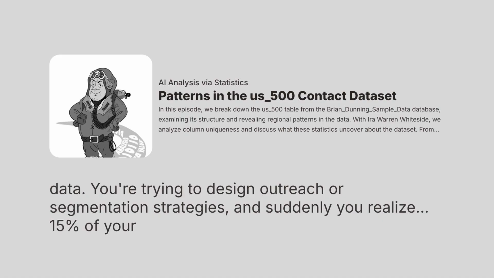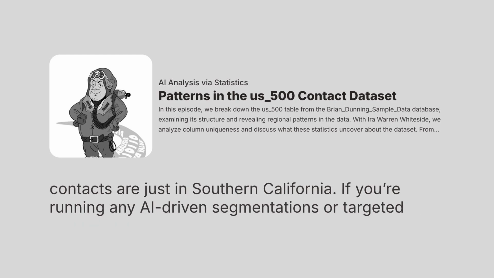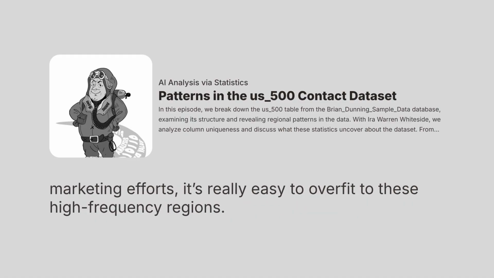You're trying to design outreach or segmentation strategies, and suddenly you realize 15% of your contacts are just in Southern California. If you're running any AI-driven segmentations or targeted marketing efforts, it's really easy to overfit to these high-frequency regions.